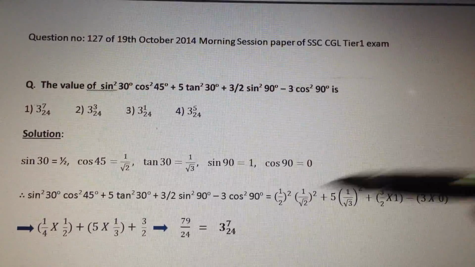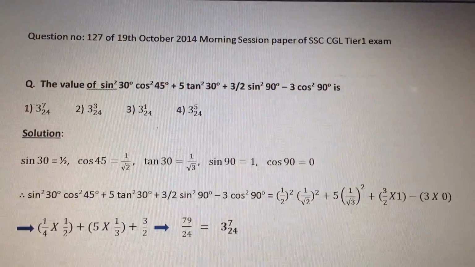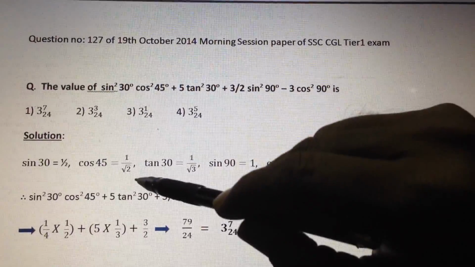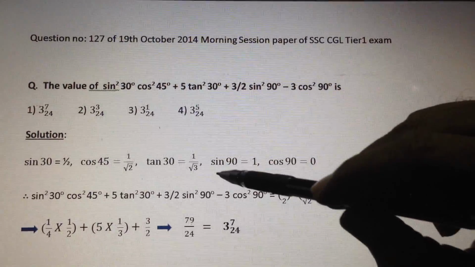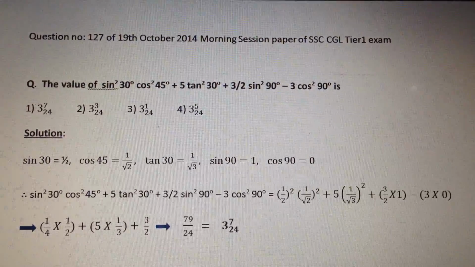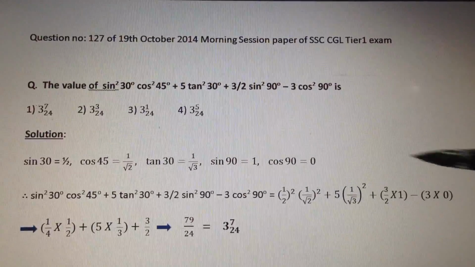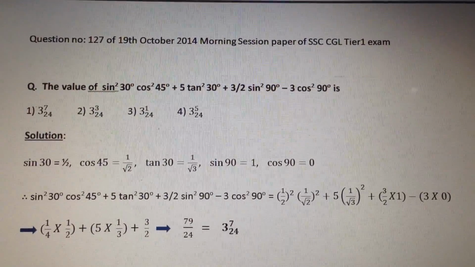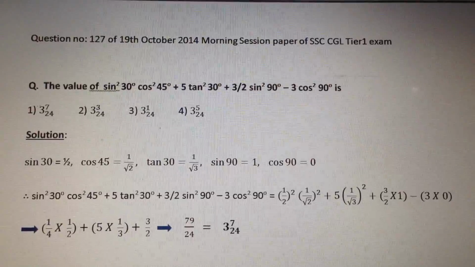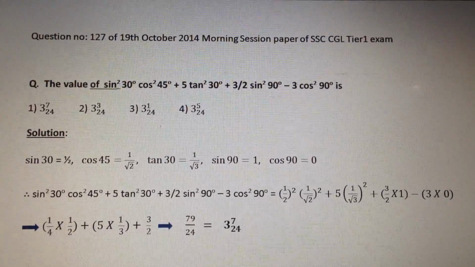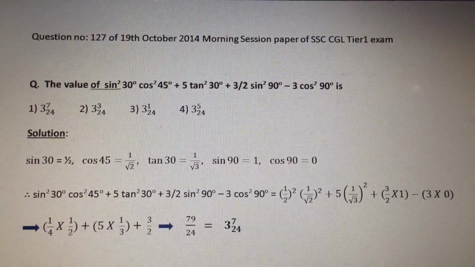We know the value of sin 30 is equal to half and cos 45 is equal to 1 by root 2. Tan 30 is equal to 1 by root 3. Sin 90 is equal to 1. Cos 90 is equal to 0. All we need to do is substitute these values in the given expression.